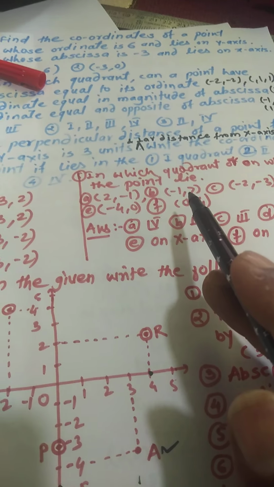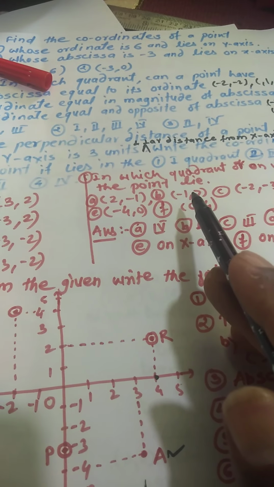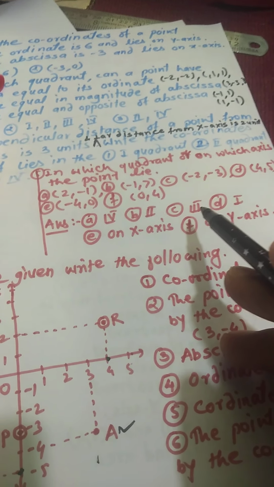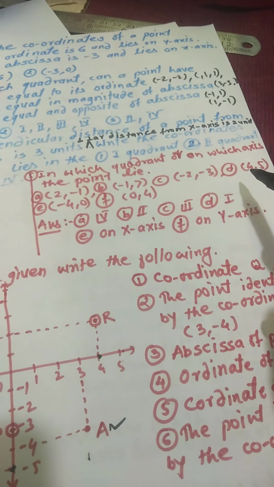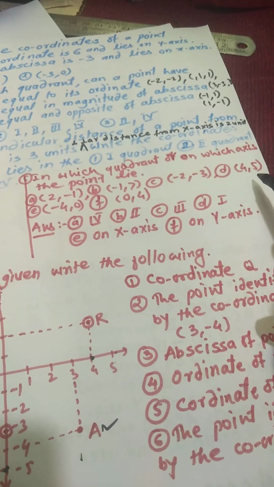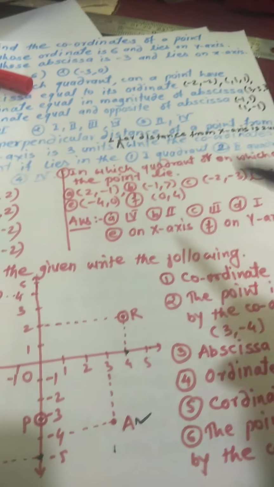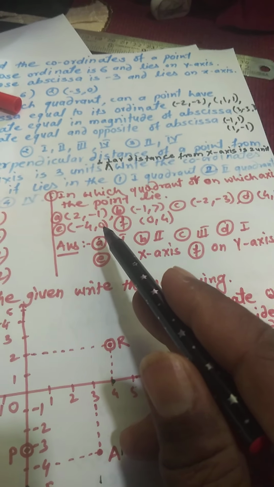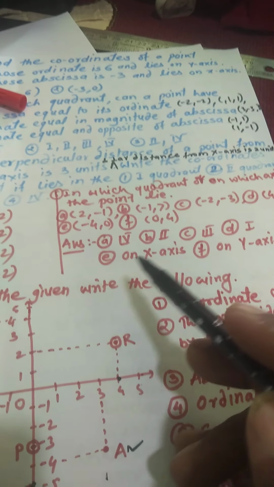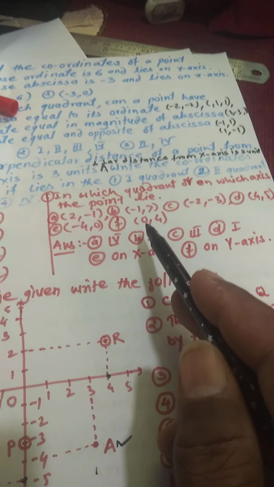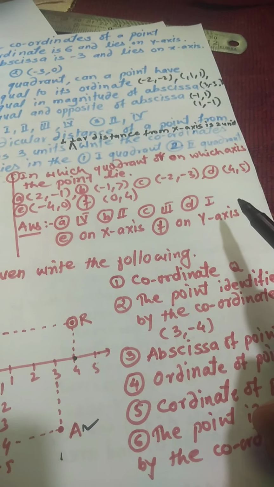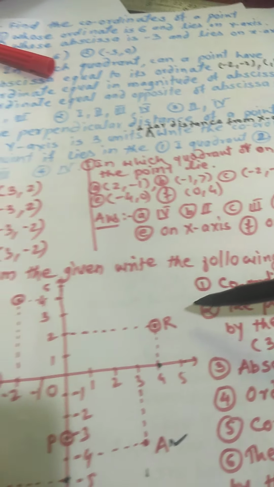Negative, positive means second quadrant. Negative, negative means third quadrant. Both coordinates positive means first quadrant. Then here y coordinate 0 means it lies on the x-axis. X coordinate 0 means it lies on the y-axis. Understood students? Hope you understand this.